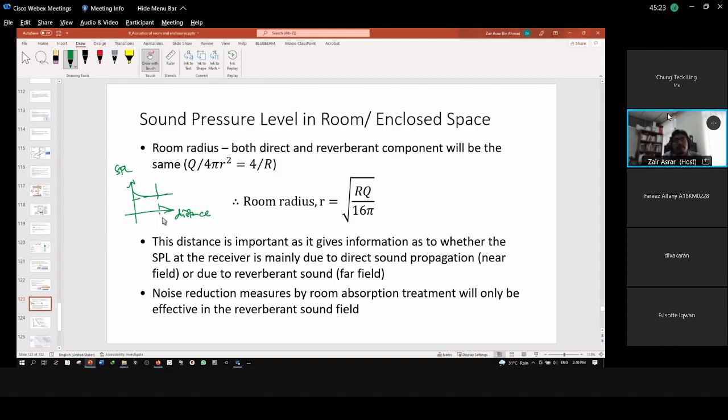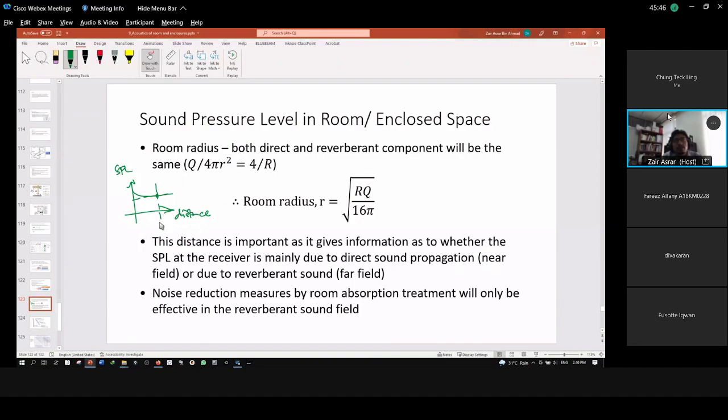At a certain distance here, we have the same contribution coming from the direct and the reverberant component of the sound. So the value is the same. This distance is what we call the room radius.